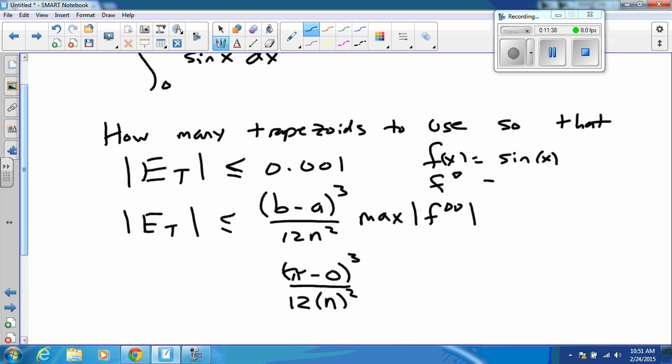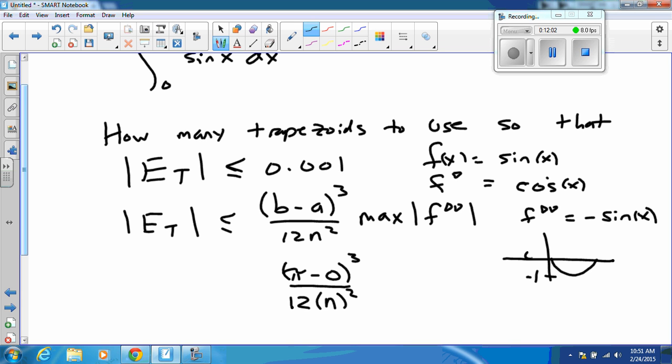Well, my integrand, f of x, is equal to sine x. So f prime is equal to cosine x. And f double prime is equal to negative sine x. What is the maximum value of the absolute value of this second derivative?